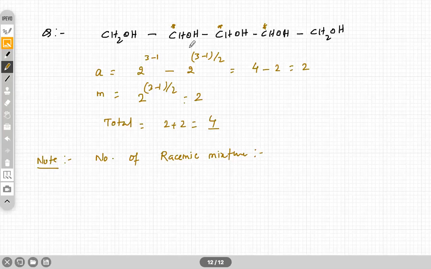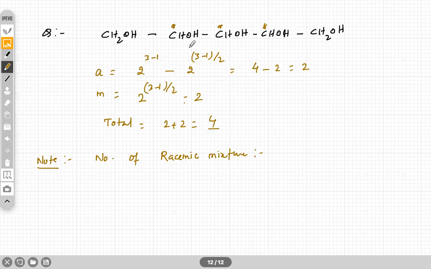The definition of racemic mixture is the equimolar mixture of enantiomers. But we cannot take the enantiomers of two different molecules, only the same molecule. So equimolar mixture of two optically active forms of the same molecule. So two molecules you take, you mix equal number of moles, you'll get one racemic mixture.